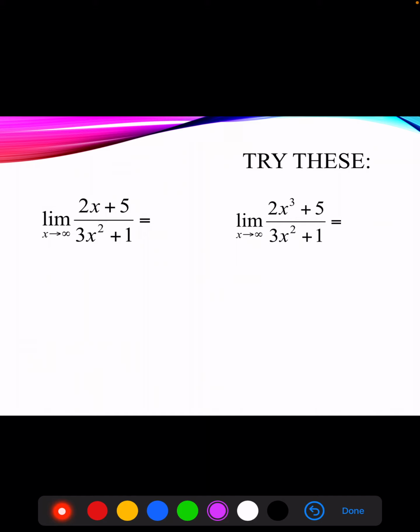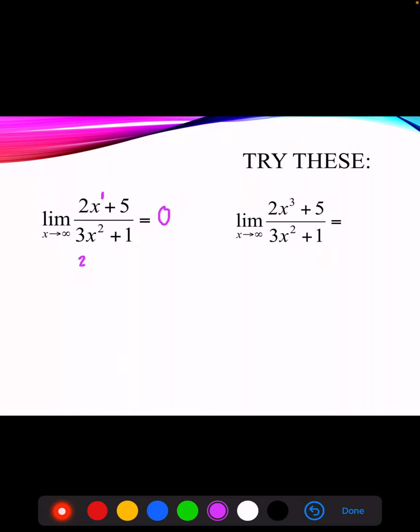Okay, so these two problems really pertain to the other two properties. The degree of the numerator here is 1. The degree of the denominator is 2. I should have a horizontal asymptote, or the limit should equal 0. That's the easy route to go, but I'm going to do my strategy.